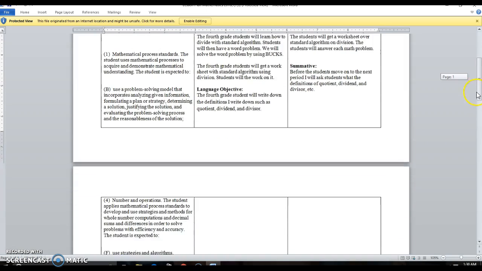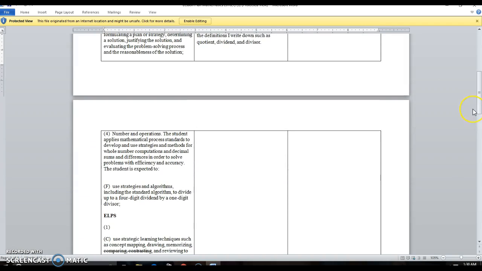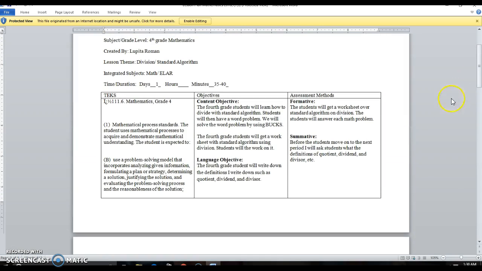They will also learn how to use strategies and algorithm, including standard algorithm to divide up to 4 digits divided by a 1-digit divisor. So this lesson plan basically covers standard algorithm using division.